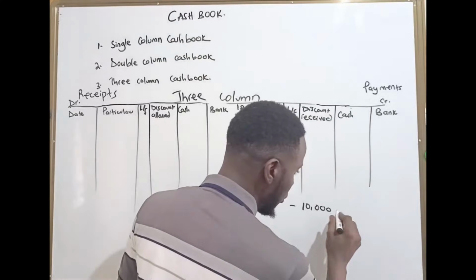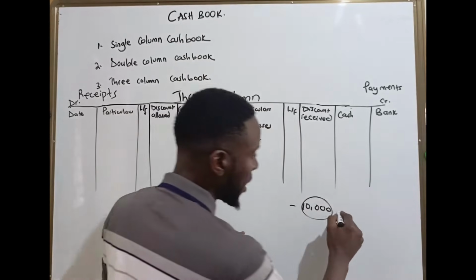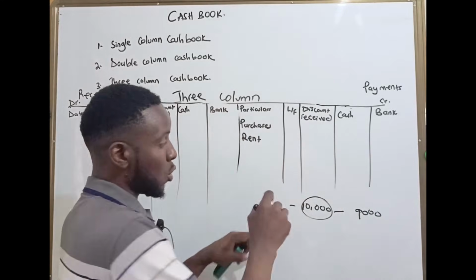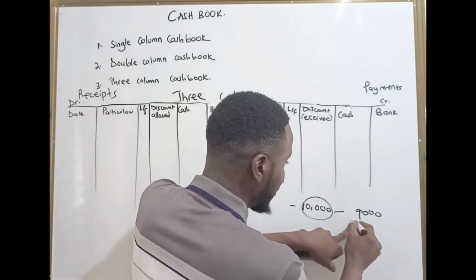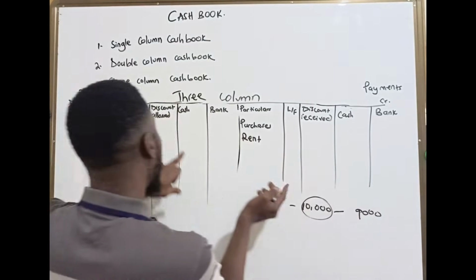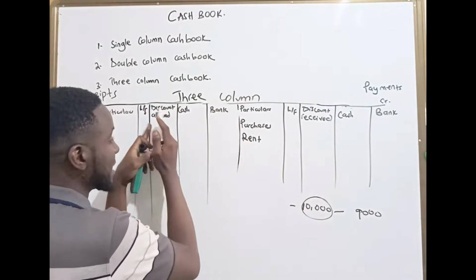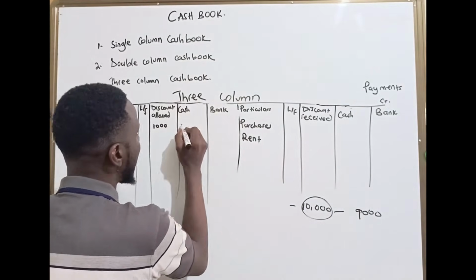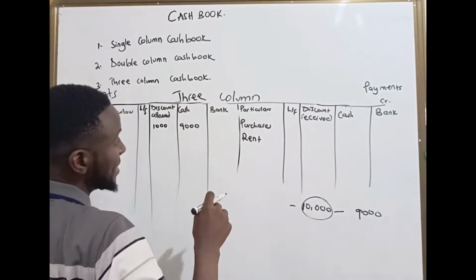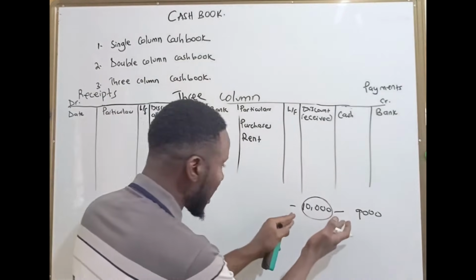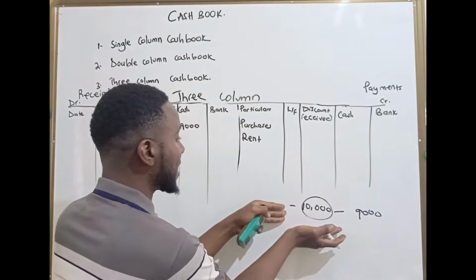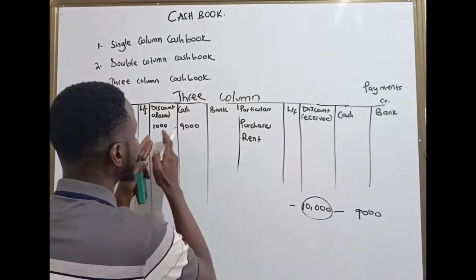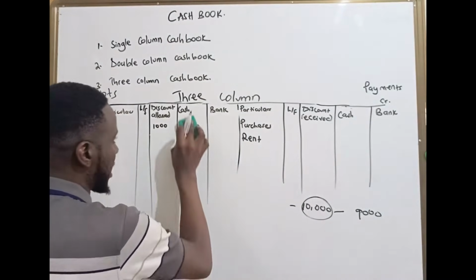So that means he won't pay 10,000 as a whole, but they will pay 9,000 minus the 1,000, which is the 10%. So we shall record the amount of money that we are receiving as 9,000, and the discount that we have allowed, the discount that we have given to this individual, which is 1,000. So it will be 1,000 and the 9,000. So it means he actually was supposed to pay 10,000, but we gave him a discount of 10%, which gives rise to 1,000, and that means he's going to pay 9,000. So this is how we account for that discounts.